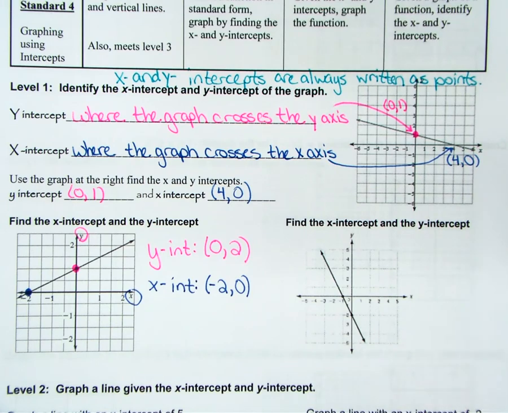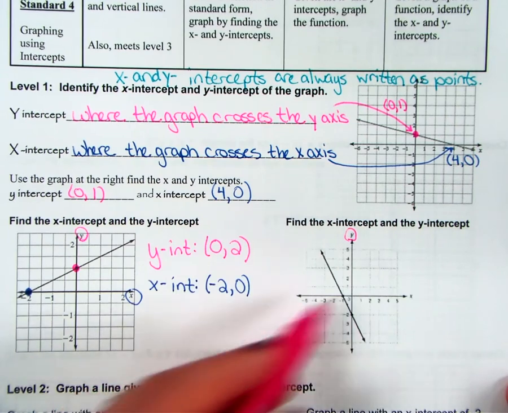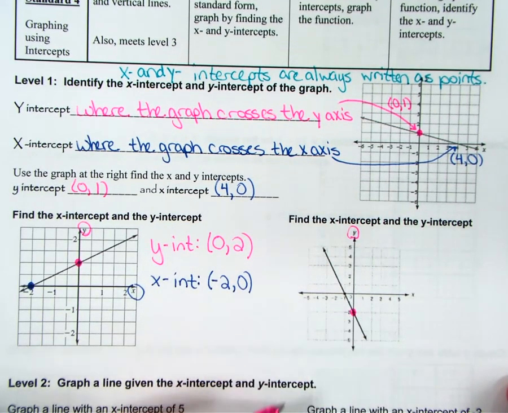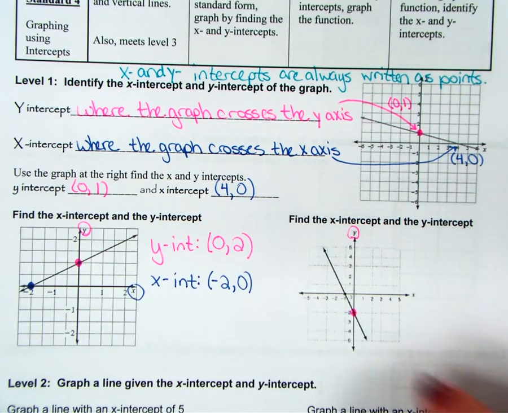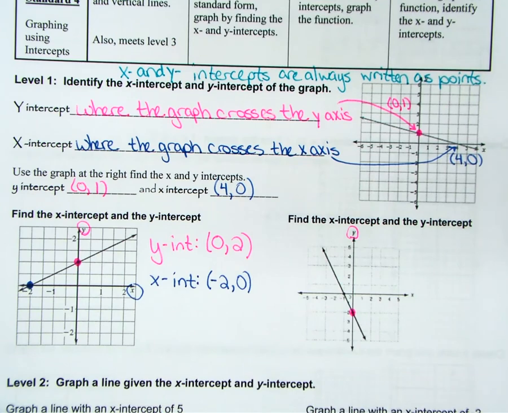Let's take a look at our next one. Y-intercept, here's our y-axis. So where it crosses is right here. I know it's kind of hard to see on this particular graph, but that y is at -2. But you can't just say the y-intercept is -2.